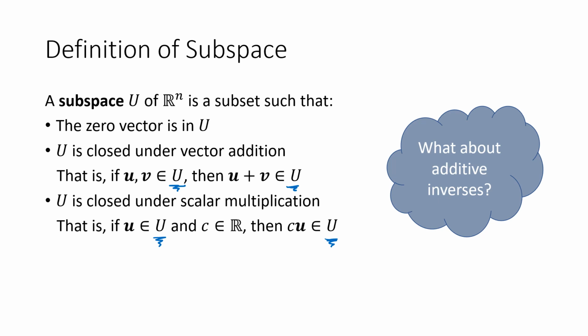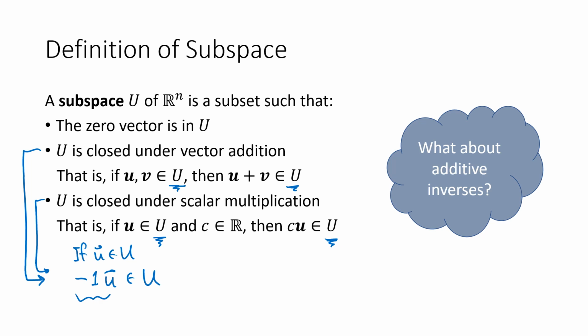Now, if you look back at that previous slide, you might notice that I left out something. I left out the axiom about additive inverses. So why don't we need that? Well, if we know that U is closed under vector addition, and we know that U is closed under scalar multiplication, then we know that if little u is in capital U, then -1 times u is also going to be in capital U. And this is going to be the additive inverse of little u.